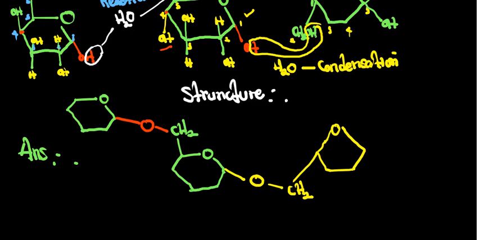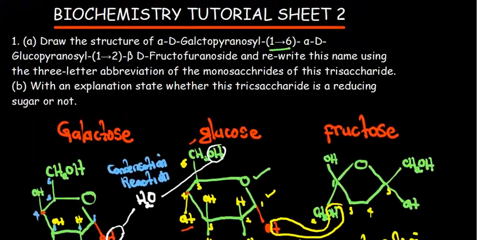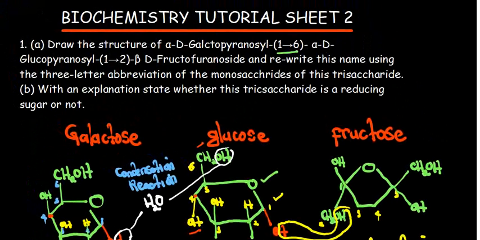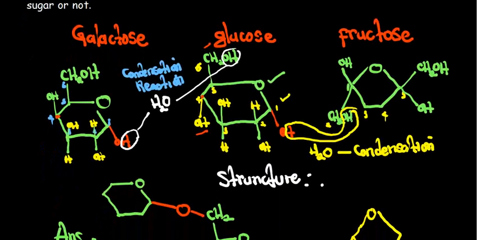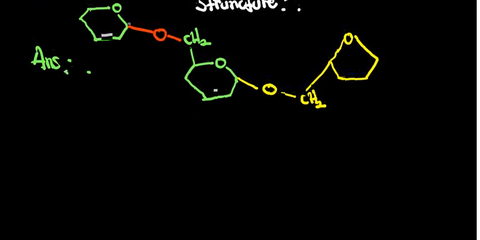The second part of the question is asking us to say, let me take you back so that you see what we're talking about. The second part of the question is asking us, with an explanation, state whether this trisaccharide is a reducing sugar or not. I'll ask you the question, what are reducing sugars and what are the components of reducing sugars? I'll point out, let's say, important note.